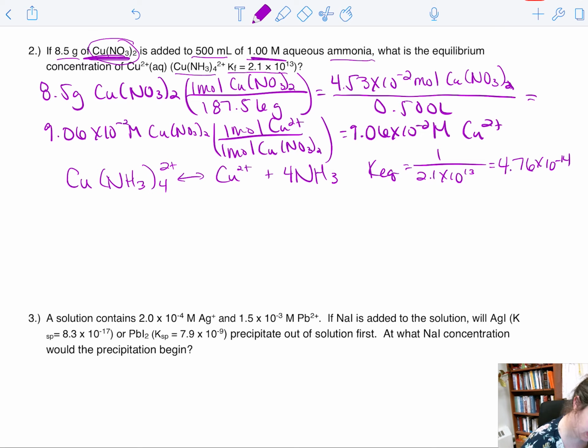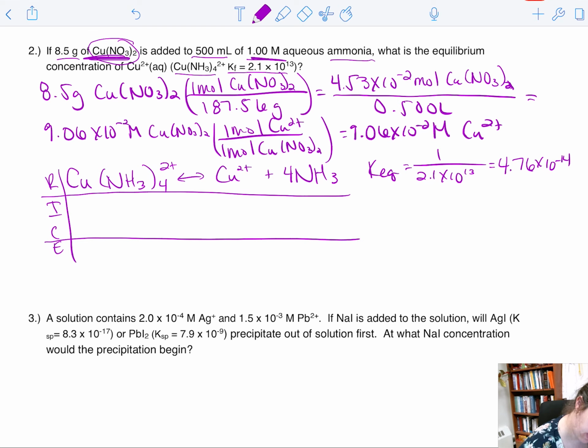So we're going to do an ICE table for this, as we would for any equilibrium. So we'd say our initial concentration is equal to this because all of it's going to form our complex ion. And then we're going to assume that there's none of this initially.